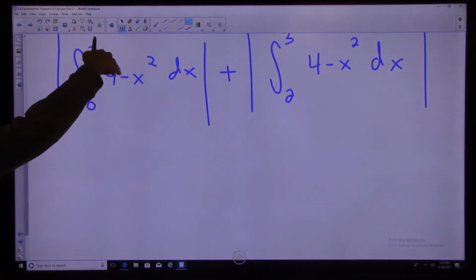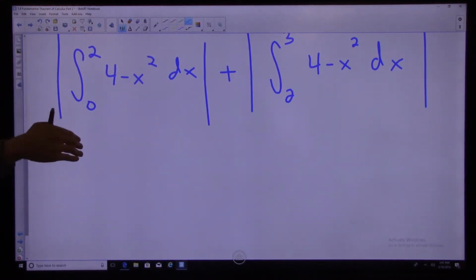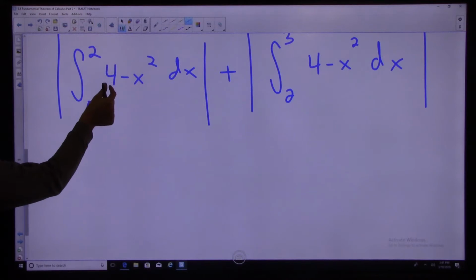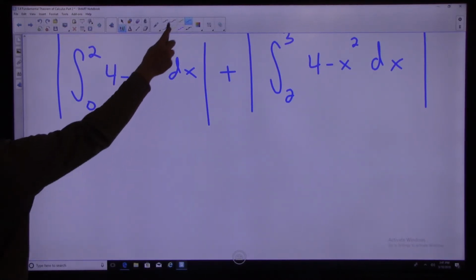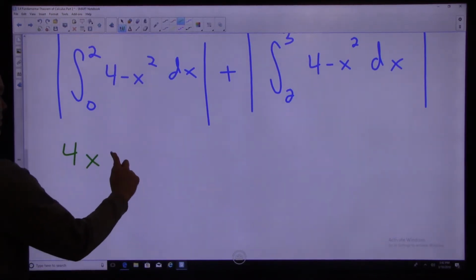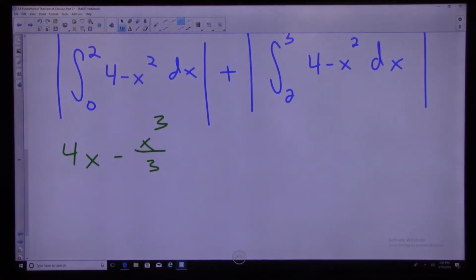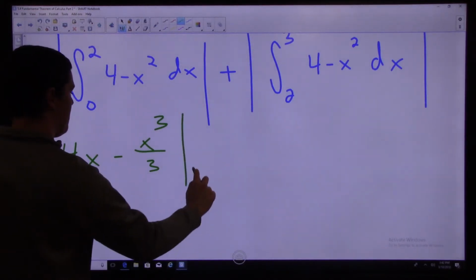When you find the antiderivative, you need to add 1 to the exponent and then divide by the new exponent. So what's the antiderivative of 4? Yeah, that's right, 4x. What is the antiderivative of negative x squared? Good, negative x cubed over 3. Okay, add 1 to the exponent, divide by the new exponent. And then we're going to evaluate that from 0 to 2.